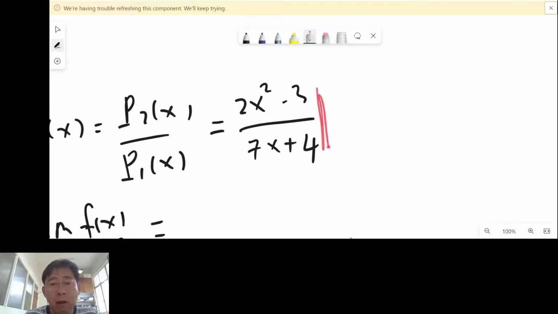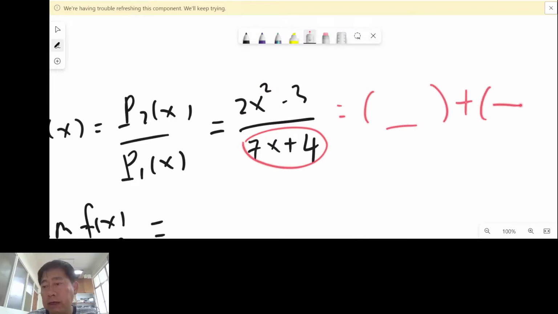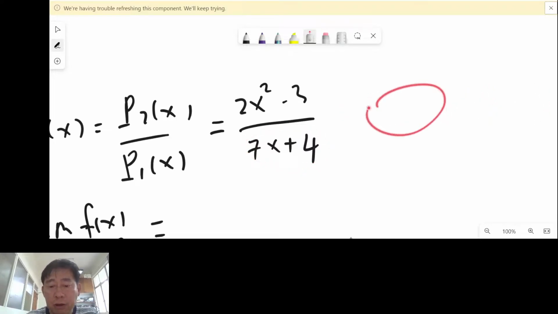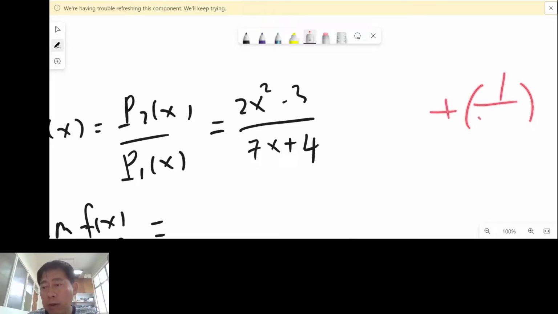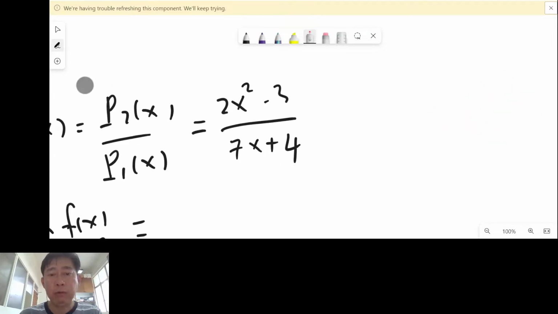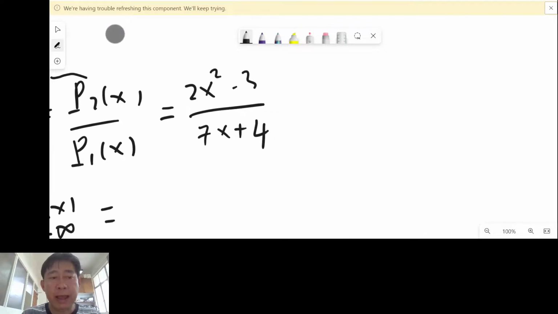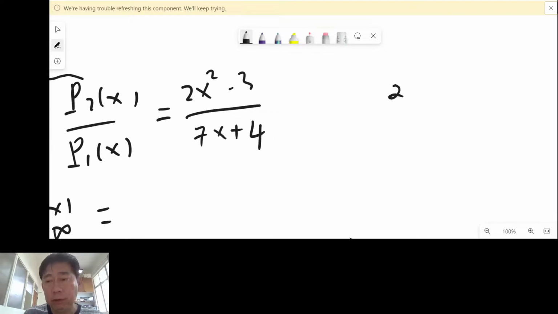When you divide the numerator by the denominator, you end up with a linear function plus a residual function. The linear function would be in the form ax plus b, and the residual function will be something like 1 over another linear function. So let's see how we do this. You first have to know what a long division is, so I'm going to perform a long division here.